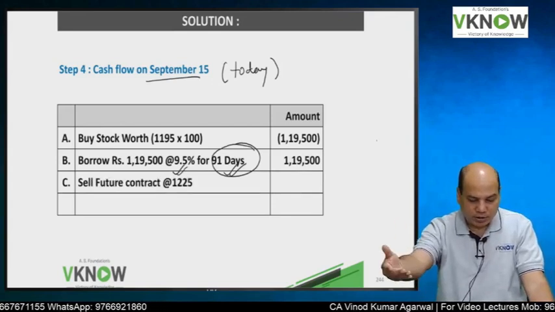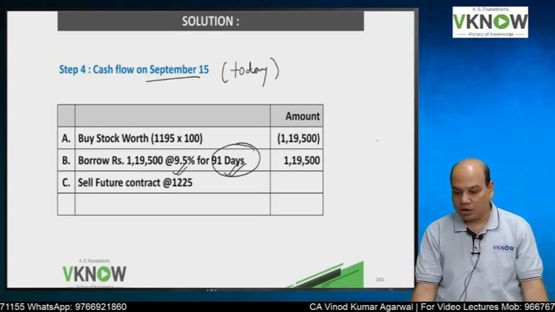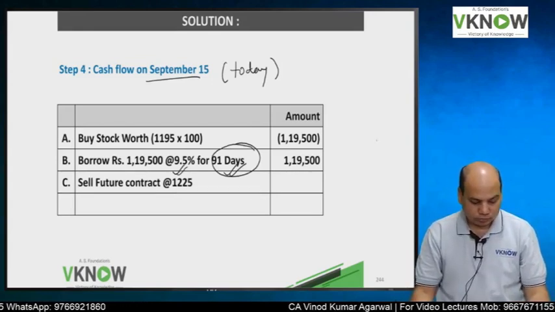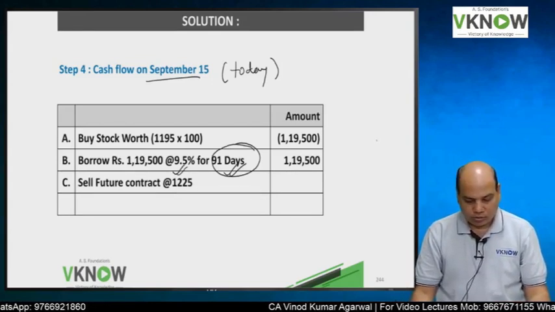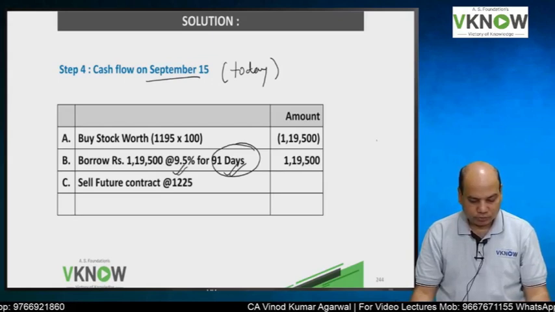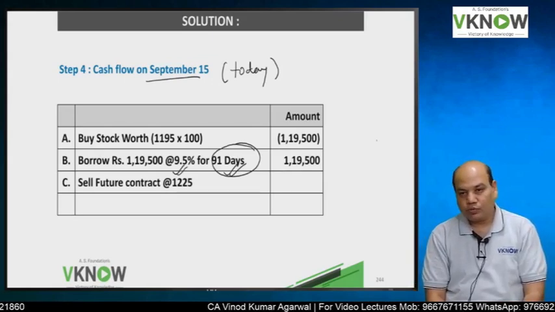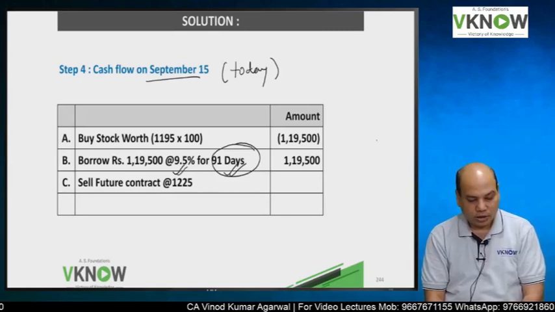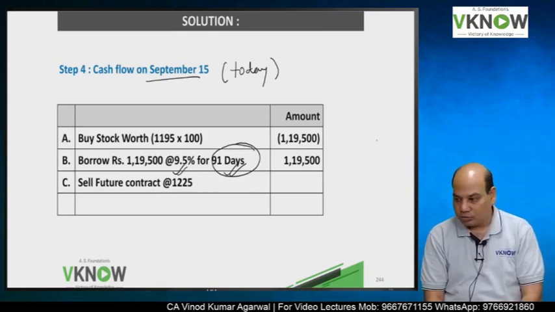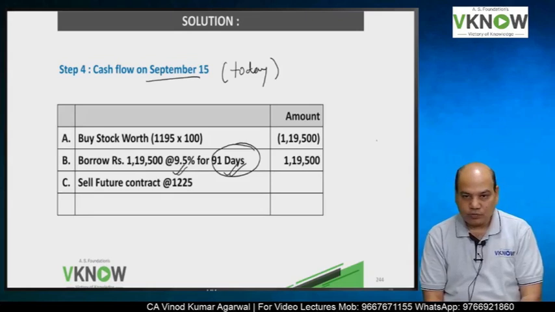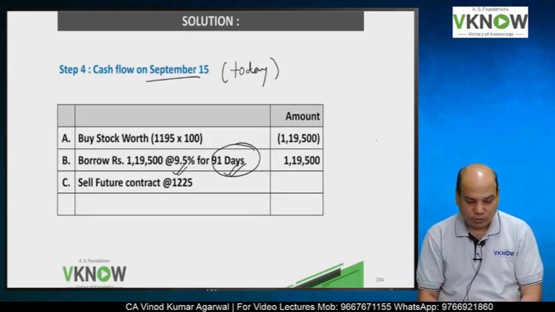Step number C, write down: sell future contract at 1,225. There are people who are willing to buy future at 1,225. Market rate is 1,225, so sell.